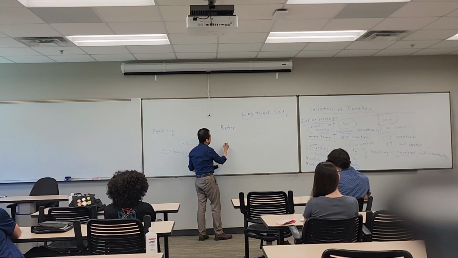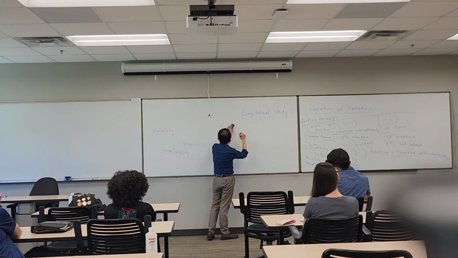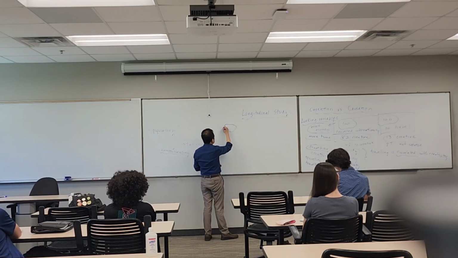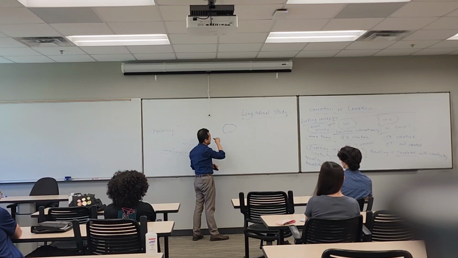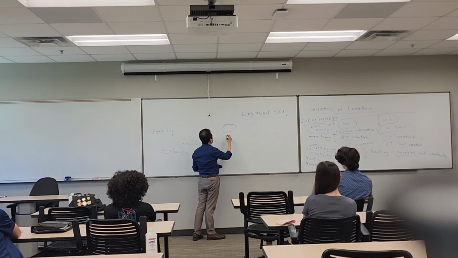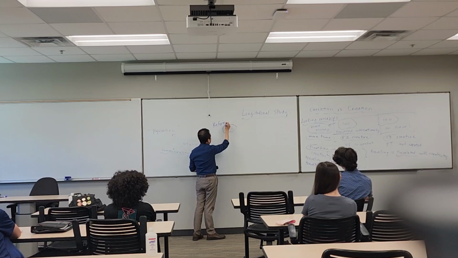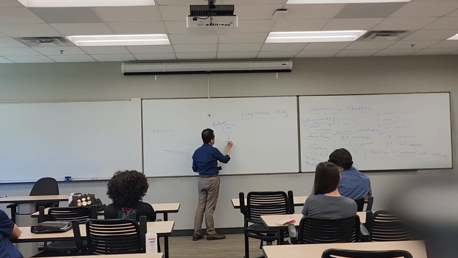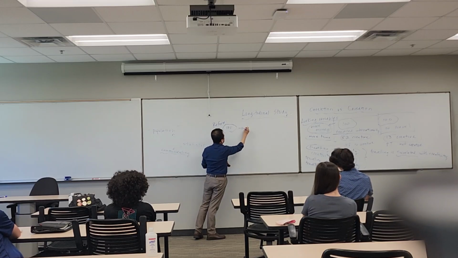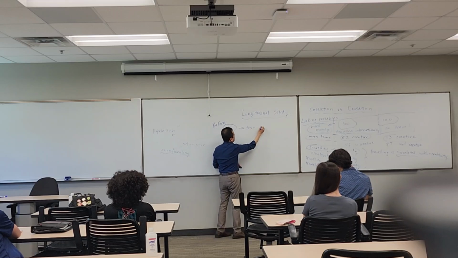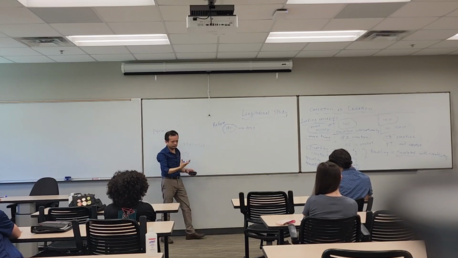So basically we're going to do a sample of some number of students, and then we're going to do a before, where we test those students for creativity, let's say 100 students. And then we test them for creativity.